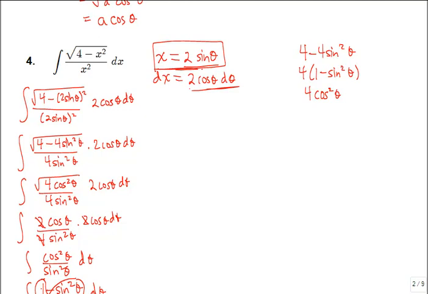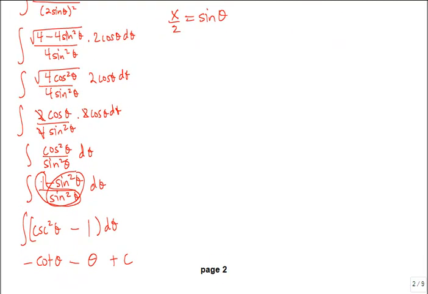So to figure this out, what you're going to want to do is take this x equals 2 sine theta and isolate the sine theta. So I'm going to divide both sides by 2. So we know that x divided by 2 is sine theta. Now in this answer down here, let me write it up here a little bit higher so we can see it.